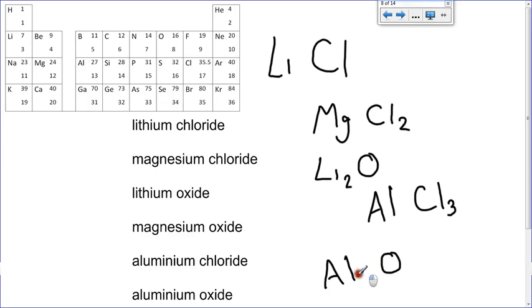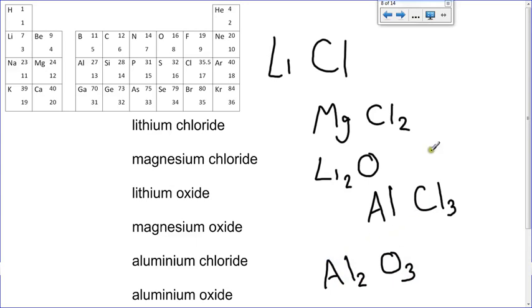So if we have 2 aluminiums, we've got 2 times 3, that's 6 electrons being given away in total. And to get 6 electrons gained from oxygen, we've got 3 oxygen atoms, each wanting to accept 2, so 3 times 2 is 6, 2 times 3 is 6.